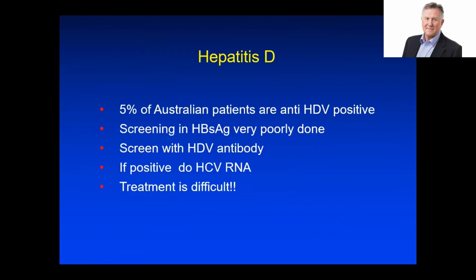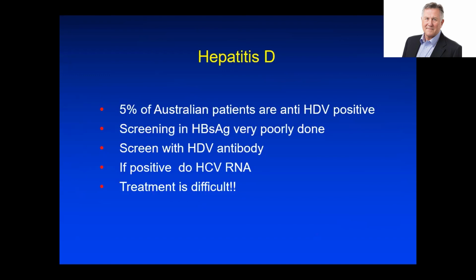So again, roughly just under 5% of patients are Delta antibody positive. Screening in surface antigen positive patients is poorly done, even by us. So if you see a surface antigen positive patient, the recommendation is you screen for Delta antibody, not antigen, because it's nowhere near as accurate.